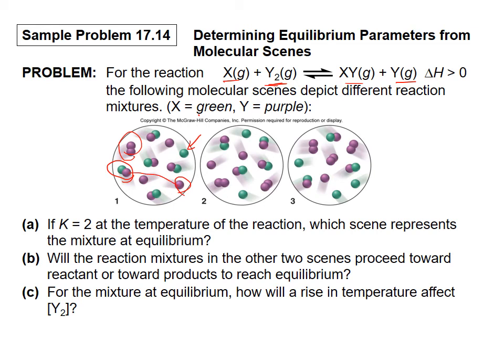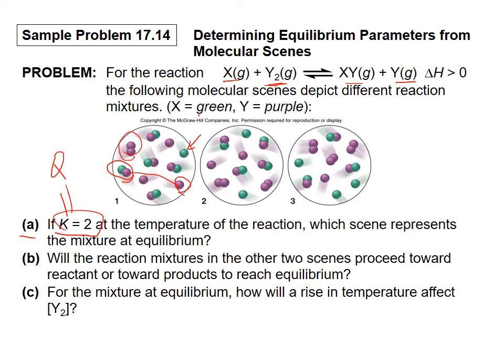For this reaction, the question is A, if K equals 2, which scene represents the mixture at equilibrium? This question is not difficult. All you need is to find Q and then compare with K. If they are equal, then the reaction is at equilibrium.